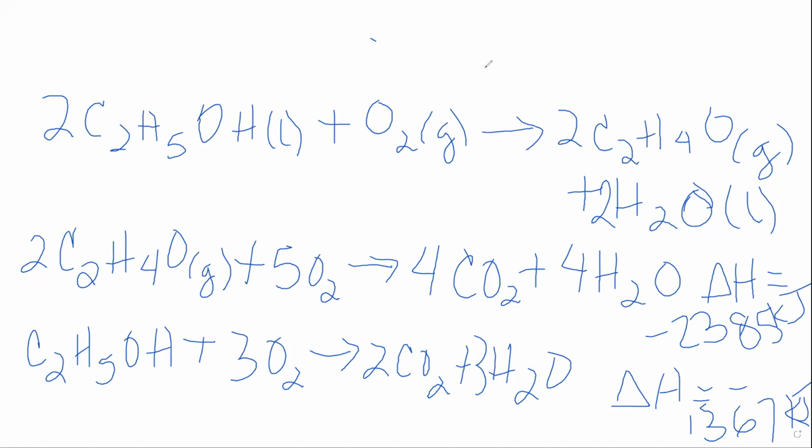I obviously have to reverse that top one. That's all. I got it. Okay, so A should be CO2 plus H2O yields 2C2H4O plus 5H.